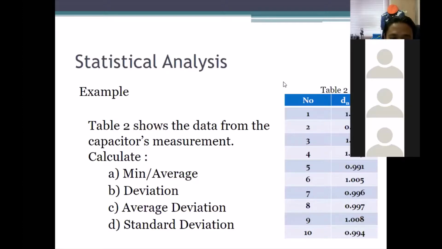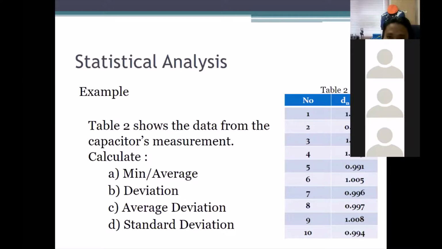Okay, try this one. This one we have 10, but maybe we can try until 5. Until 5 measurements only. First, you have to calculate the average, only until 5, no need to go until 10.